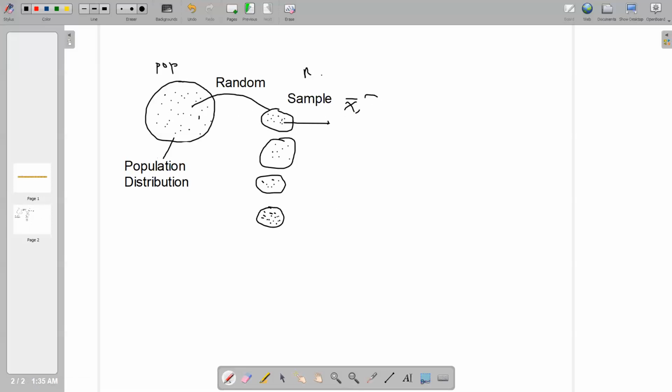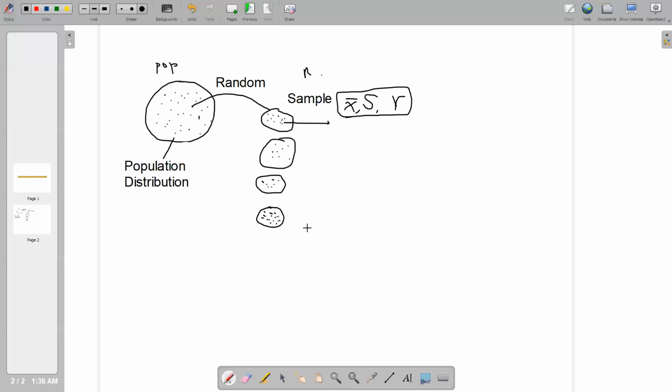And likewise, if you calculate standard deviation for each random sample, then you're going to have a distribution of sample standard deviation S, right? And if you calculate correlation from the sample, you're going to have a distribution of correlation, right? So every statistic from the sample is going to have a distribution, depending on which sample individuals you randomly choose.